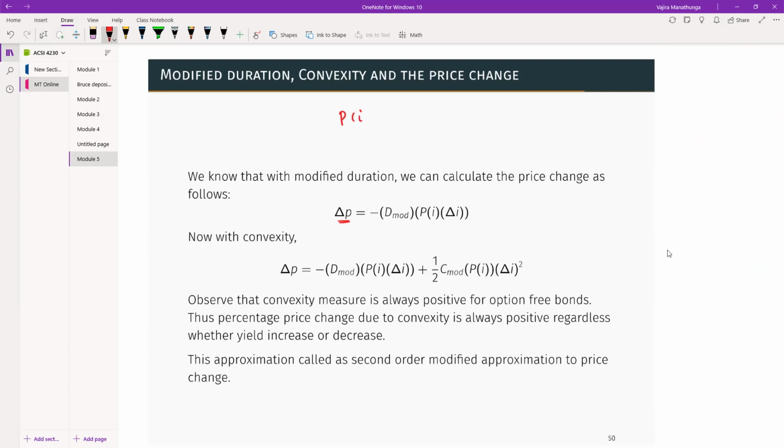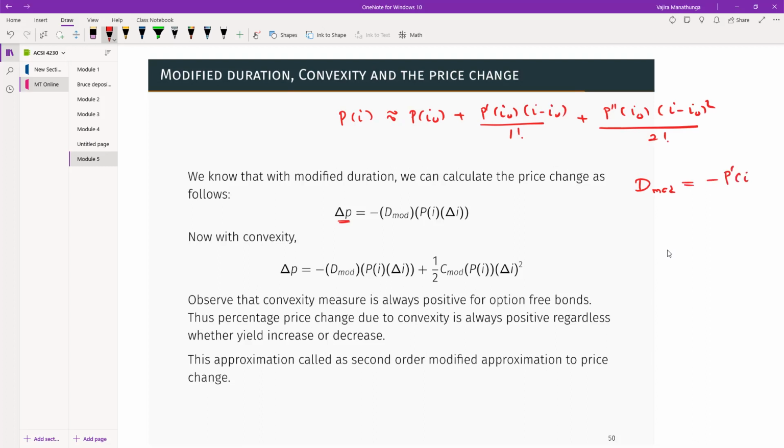So remember we had this nice Taylor expansion: P(i) is P(i naught) plus P prime (i naught) times (i minus i naught) over 1 factorial, plus second derivative P double prime (i naught) times (i minus i naught) squared over 2 factorial. Here this is the second derivative. Then we know the modified duration is basically negative P prime (i) over P(i).